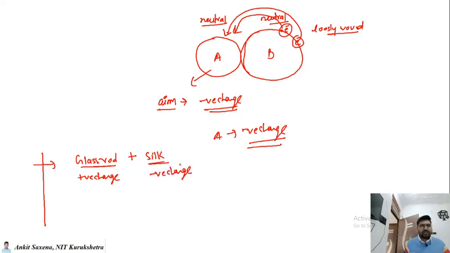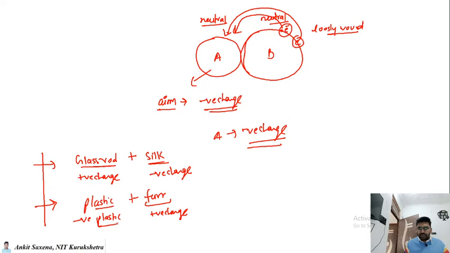This is the experiment, you can do it. If the rubbing takes place between plastic and fur, fur will get the positive charge and plastic will get the negative charge.